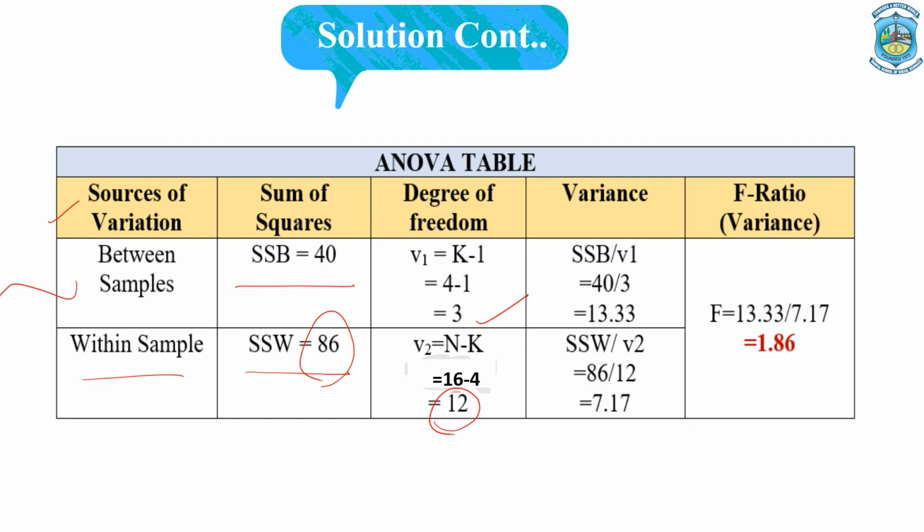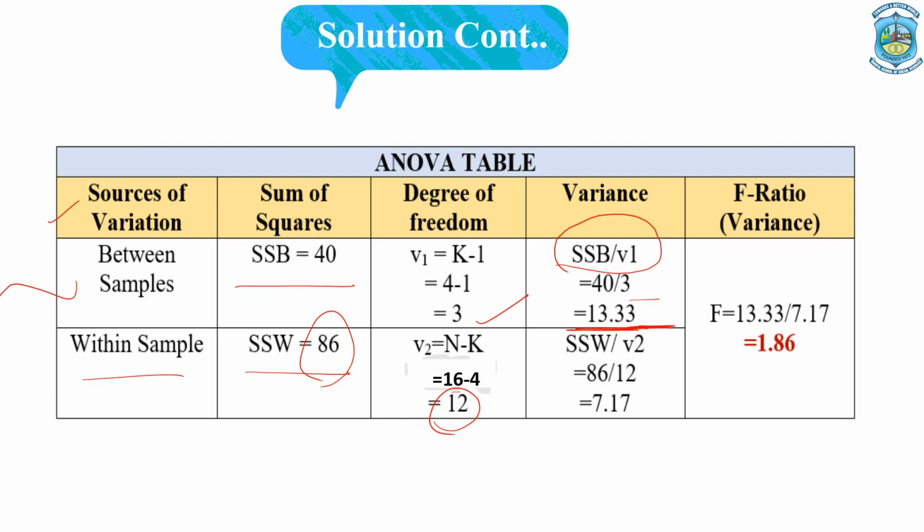Now the mean variance. The second last column is for mean variance. For between the sample, the mean variance formula is SSB divided by V1, the first degree of freedom. When you divide 40 by 3, you get 13.33.